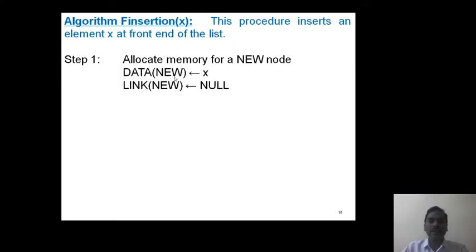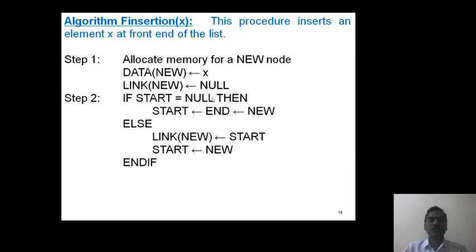Data of new is filled with X, link of new is filled with null pointer. Now step 2, first we check whether elements are available or not. If start equivalent to null, then that means elements are not available, hence start and end are set at new node.